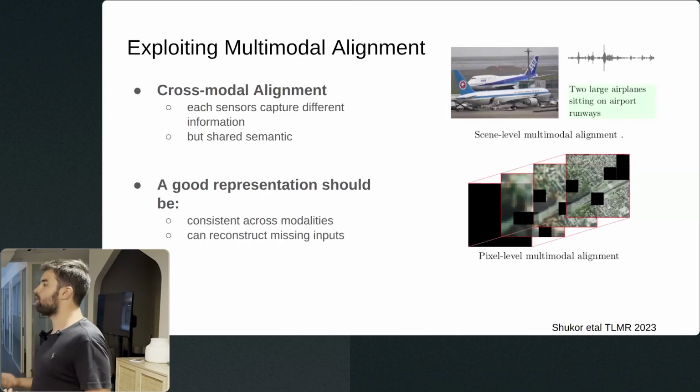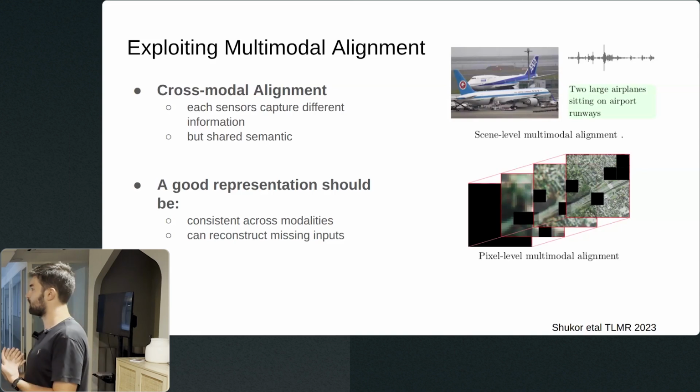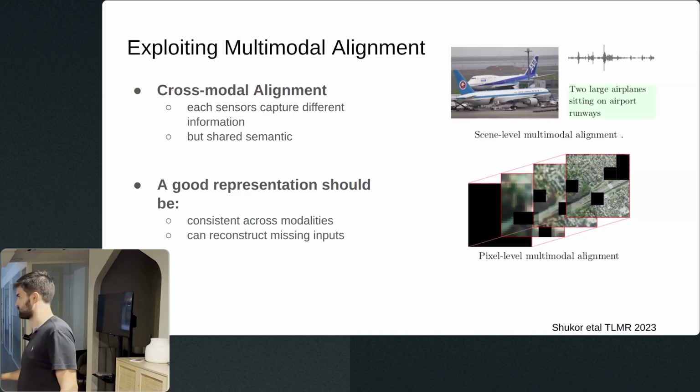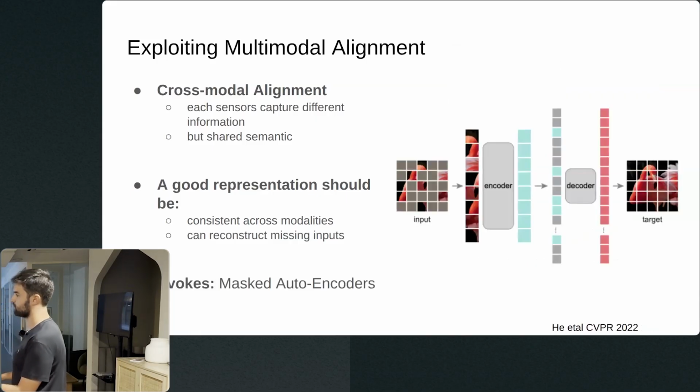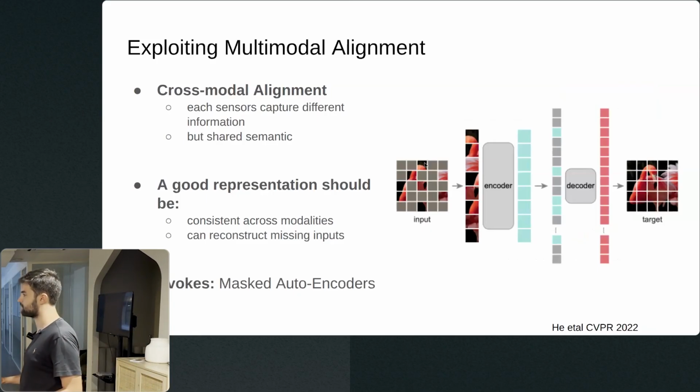But you also want to be able to reconstruct missing inputs, meaning that you are able to learn all the different sensor configurations. So when we are talking about reconstruction, this evokes masked autoencoders. This is a famous self-supervised learning method where you're just going to mask part of the image and train a model to reconstruct this full image.